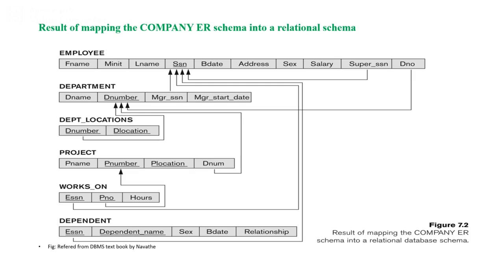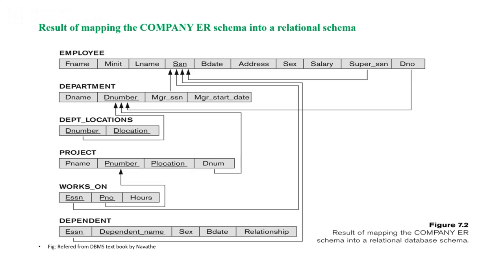For example, in the employee table, SSN is the primary key. Similarly, in the department table, department number is the primary key, and in the project table, the project number acts as the primary key. Works on, dependent and department locations are not strong entities. They might be called weak entities or relationship types.